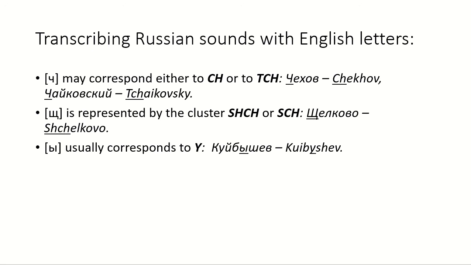Then another sound, different from English, the Russian sound sh with a tail, is represented by the cluster SHCH or just SCH. So one sound is represented by 4 English letters, you see.